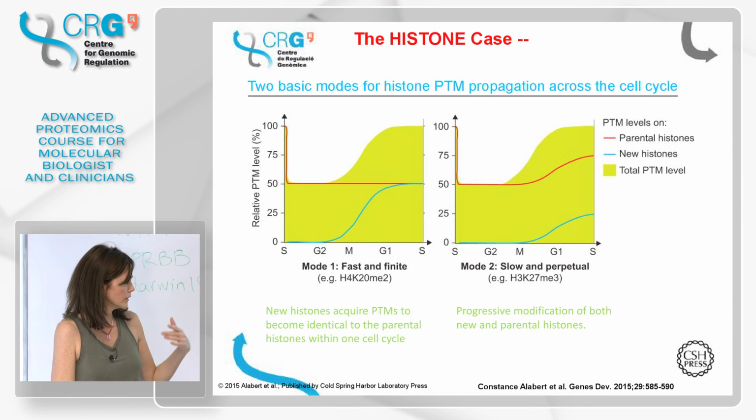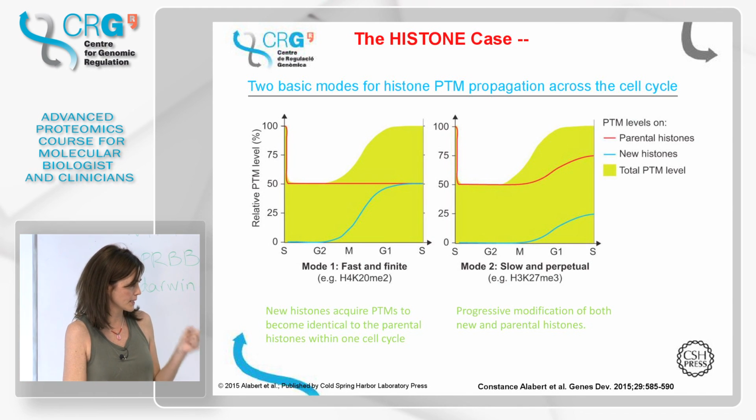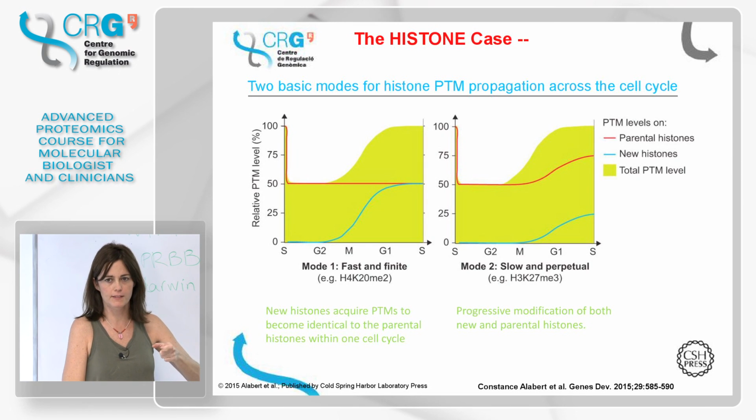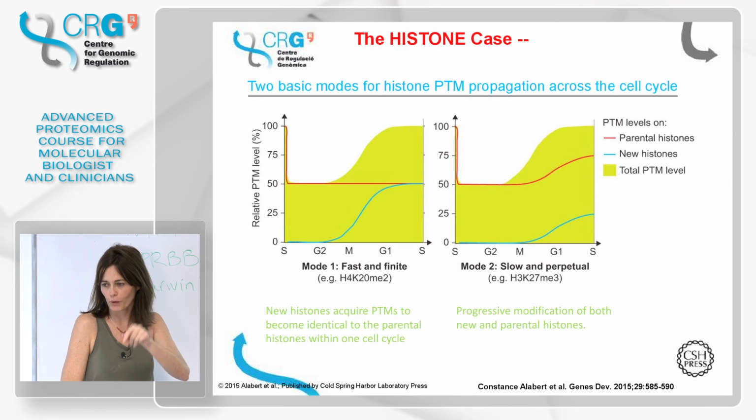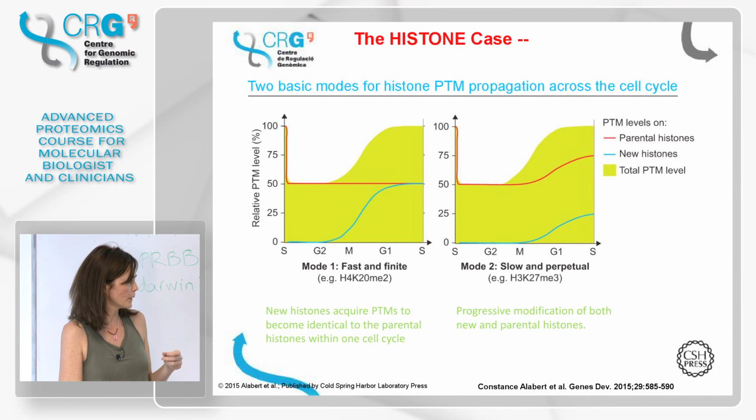By following specific unique peptides, those that only belong to one specific histone, and their modified counterparts, they could see how these modifications change across one cell cycle, and how within one cycle the modifications get restored from the parent ones.